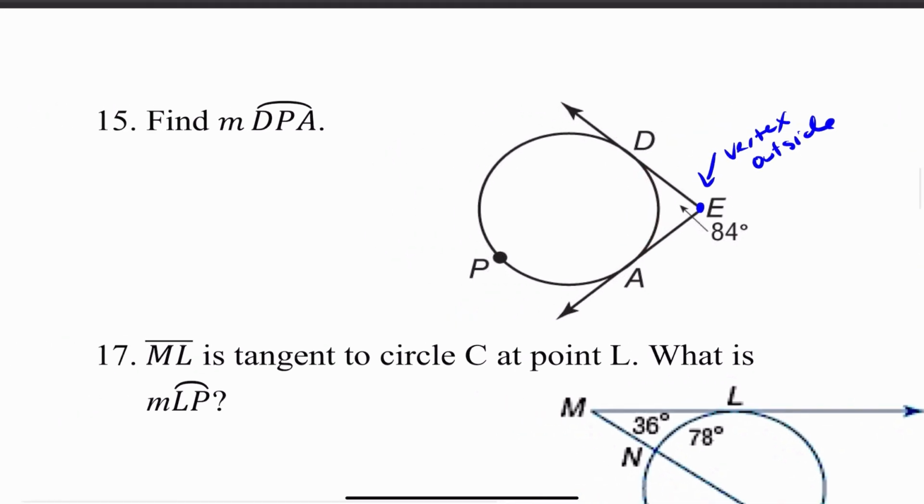The question here says, find measure arc DPA. Again, this is DPA. So that's basically saying, let the major arc DPA be X. So this major arc here is going to be X.